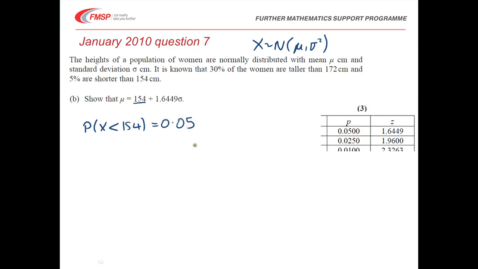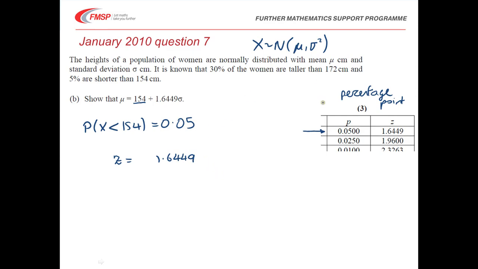So the trick is, we're trying to find out some values here. We know that we're dealing with 5%, so we can use our table. This is our percentage points table, so we're doing this backwards. We can use our percentage points table to tell us that when probability is 0.05, we end up with a z value of, well, it's 1.6449 in size.